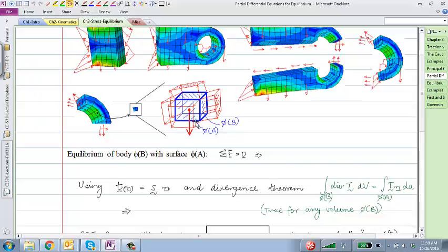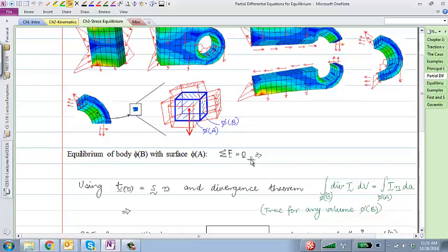So in order to ensure that this part of the body is in equilibrium, I would have to sum up the forces due to the tractions, sum up the forces due to the body force, and if any external tractions are applied, I would have to sum those up as well. So all we are doing for this free body diagram is sum of forces equal to 0.